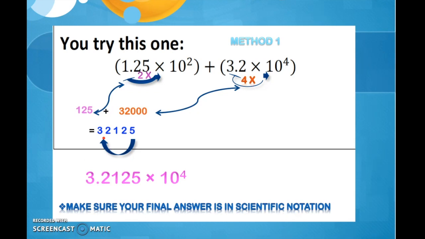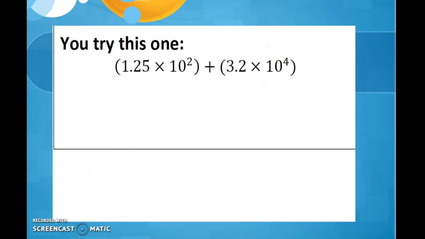You notice now our powers are the same? Hope you got that. Now for those of you who tried the second method, we are not going to convert, but we are going to make our powers the same. We're always going to start off with the smaller power because we always want to get our power bigger.